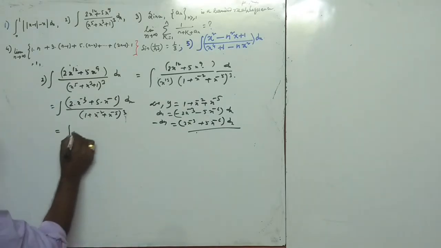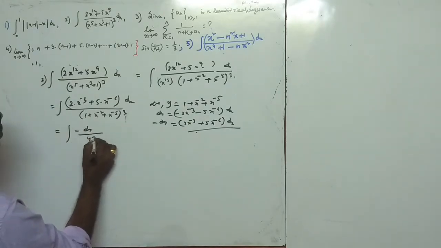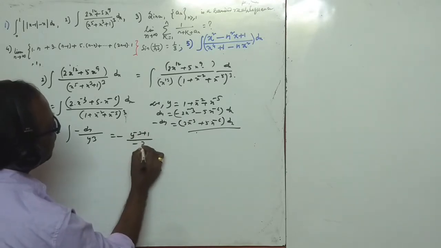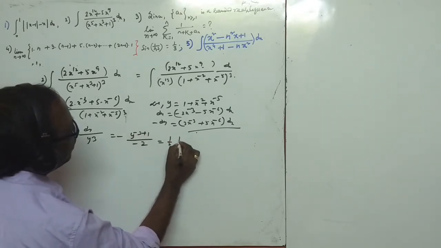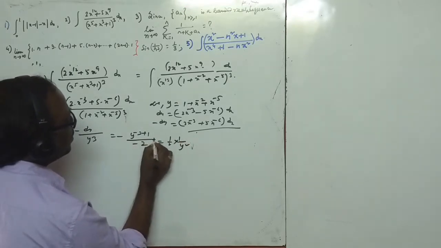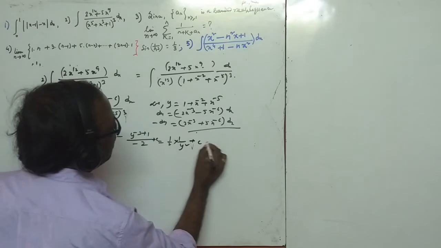Now this is equal to minus dy by y cube, and this is equal to minus y to the power minus 3 plus 1, that is minus 2, half into 1 by y square, plus c.